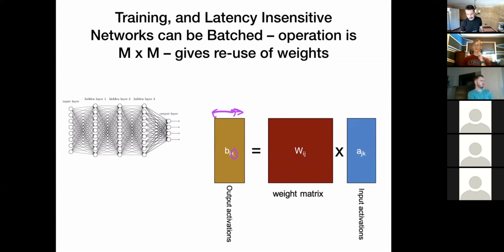So it's obvious, right? You load these weights for all of these examples. So you don't need to access your memory for every single image because you batch them and you calculate all of these activations at once. So you retrieve these weights once and reuse them across your whole batch.